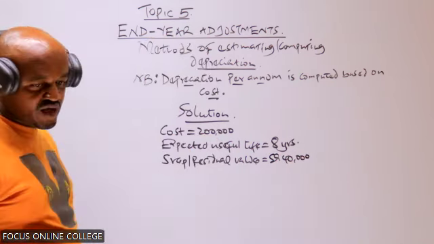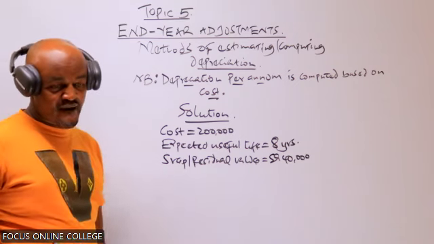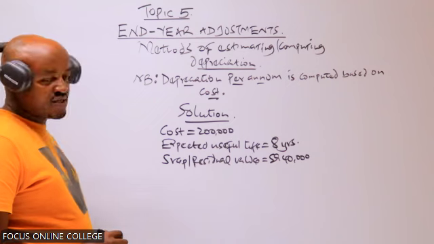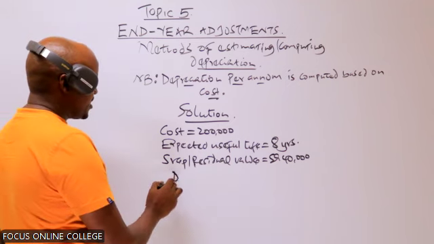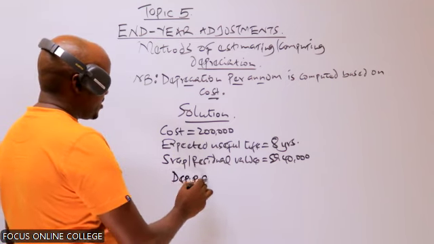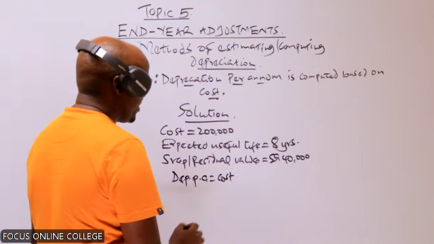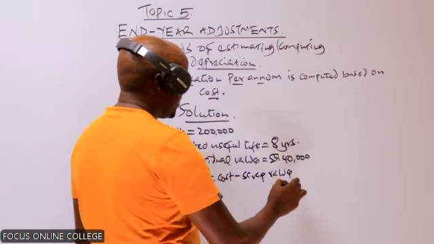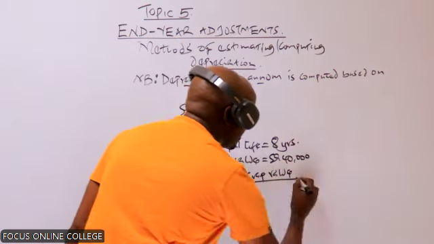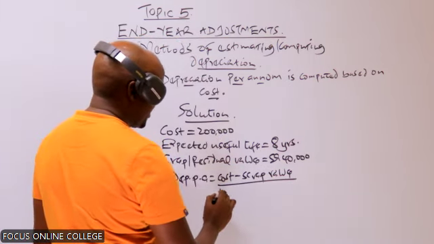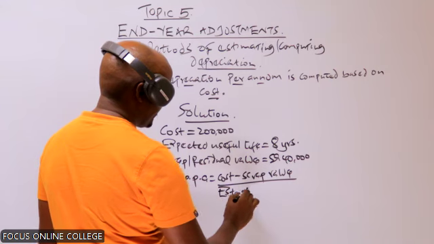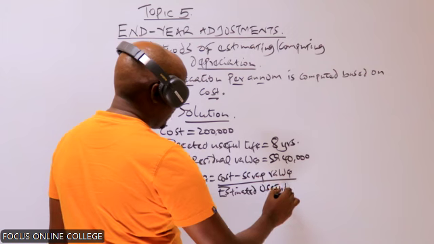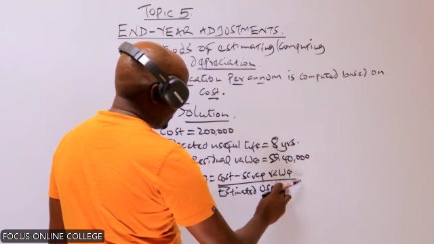So what you're required to do here is compute the depreciation per annum of this particular asset using the straight line method. The formula will be equal to the cost minus the scrap, or basically the residual value, divided by the estimated useful life.